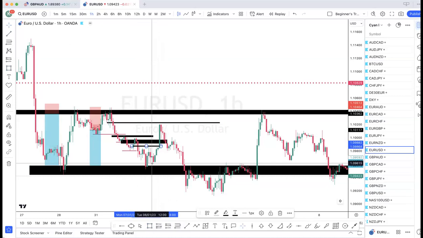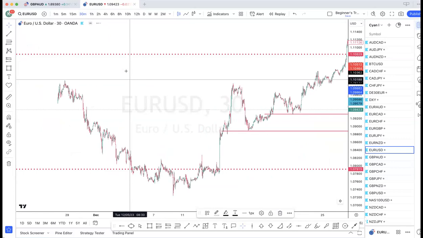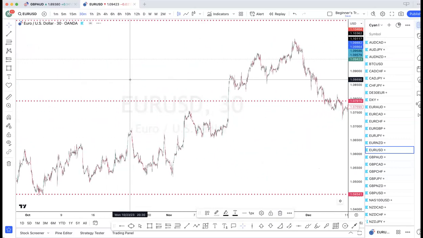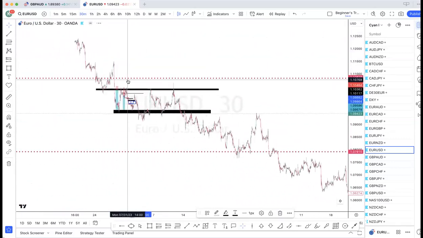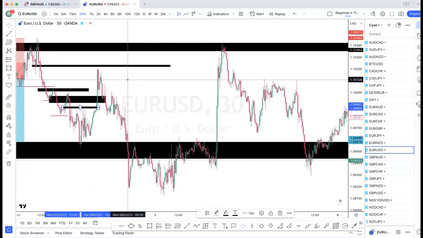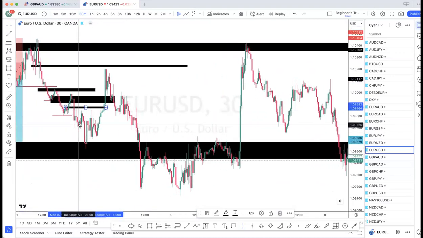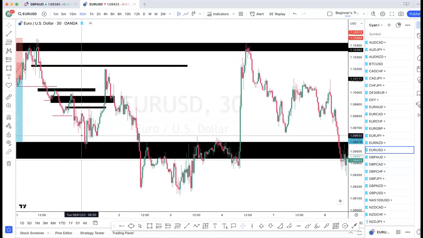So you would have had to think about whether you wanted to take it all the way down here or take it down. Let's go to the 30-minute. Let's see where that. So it pushed here and then tapped into the order block.